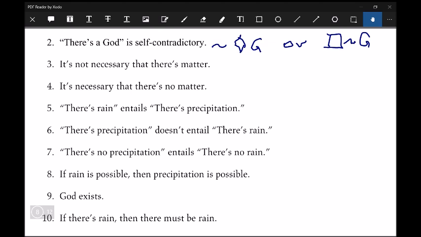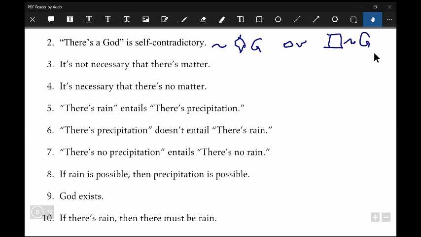Logically, you can't have a God who's all good and all powerful because there's evil in the world, or you can't perhaps have a God that's all powerful because then he could create a stone so big that he couldn't lift it or something like that. I don't think those are good objections, but anyway, this is how you translate it. You could say not possible G or necessary not G. Again, just pick one.